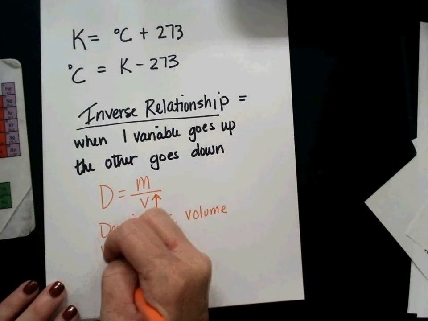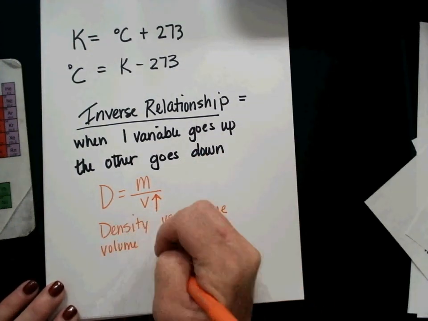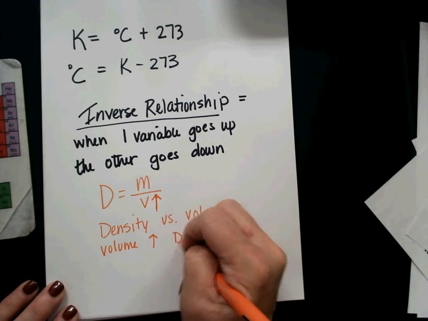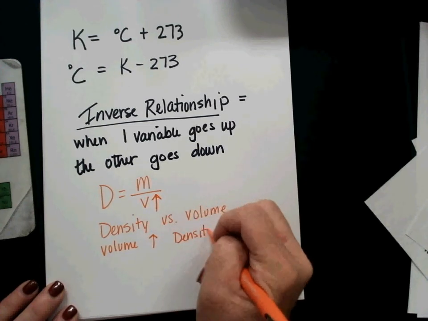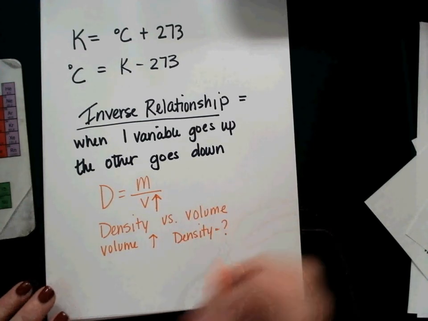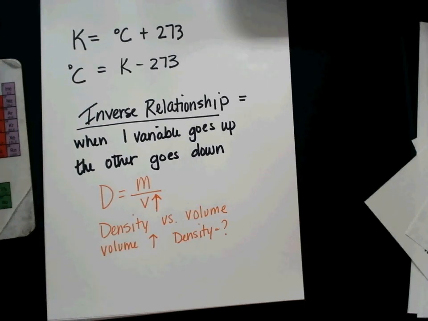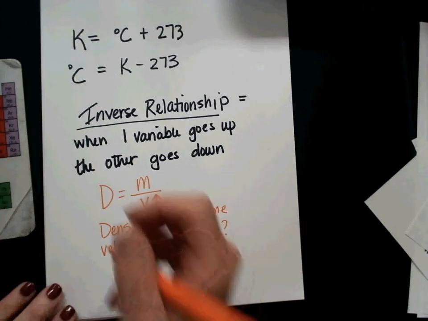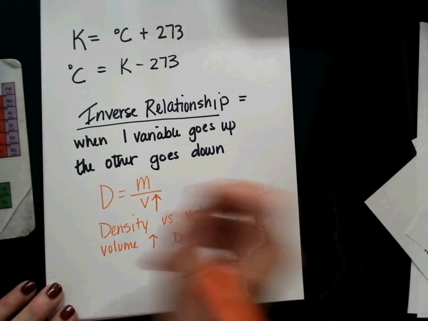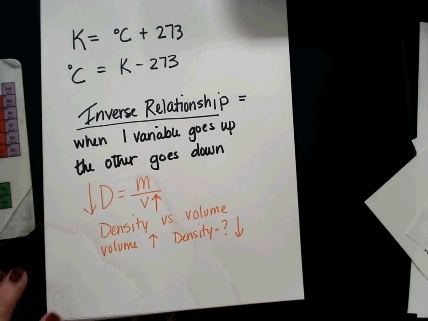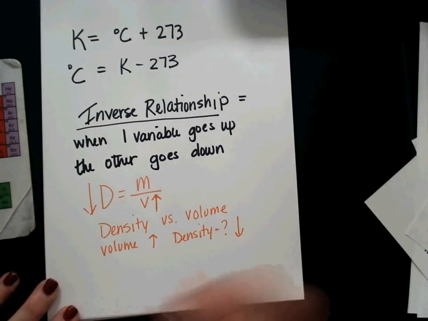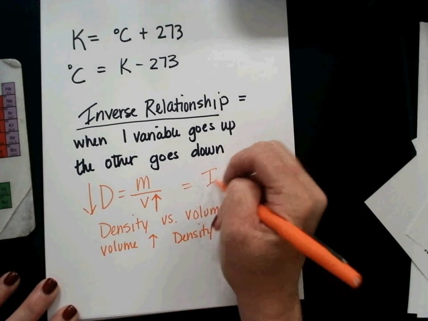If my volume goes up, I'm dividing by a bigger number. What happens to my density? You just told me a couple minutes ago. It decreases, it goes down. So when volume goes up, density goes down.